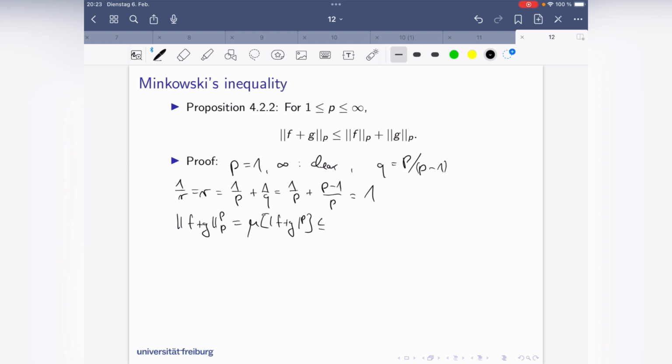So f plus g times f plus g to the power of p minus 1. And the first one here I split the f plus g to the power of p minus 1, plus mu g times f plus g to the power of p minus 1. Here I use the usual triangle inequality for the absolute value.